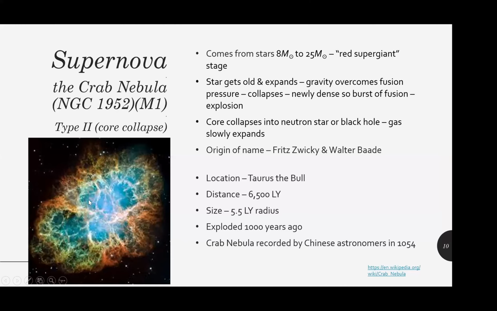So you can tell that these are much bigger than a planetary nebula. Actually, we know more exactly than for other objects when this star exploded, because it was recorded by Chinese astronomers about 1,000 years ago.